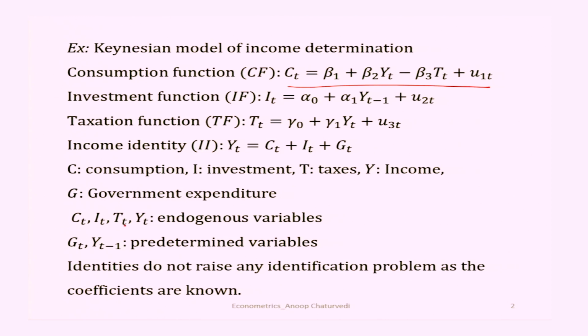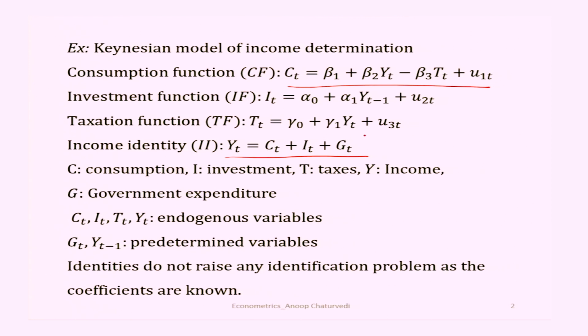Then C, I, T and Y are endogenous variables. G t and y t minus 1 are the predetermined variables apart from the intercept term. This model has one income identity also, but identities do not raise any identification problem, because all the coefficients in the identities are known.